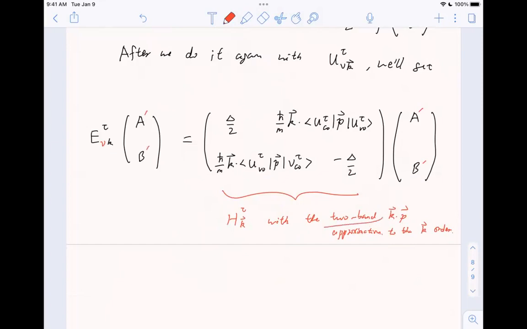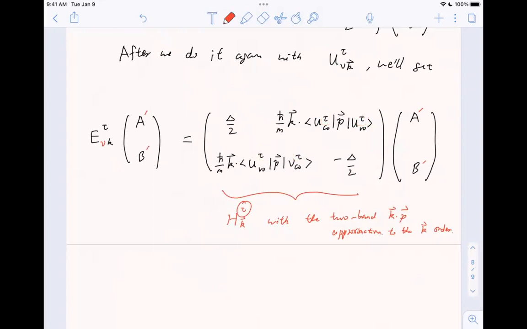Now the two bands determine that this matrix will be 2 by 2. The K dot P, you can see that this is the K dot P, right? If you have a K square, then you have more terms. This is this Hamiltonian here. You can already see that it depends on the value. If you change the value, it will be different.